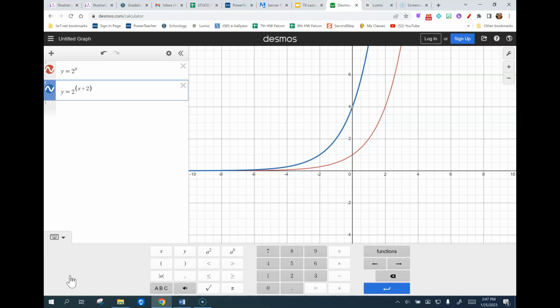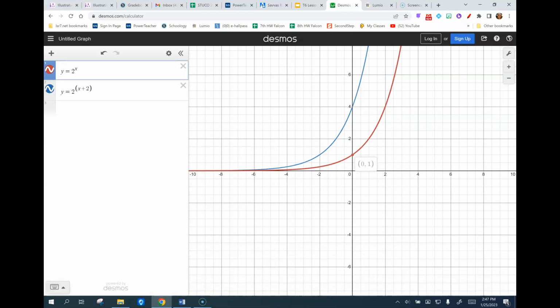Okay, so now look at what's happening. Did my asymptote change? No, it did not. But look right here. There's my intercept, right? Look what it did. It moved over. My intercept is (0, 1). Look at what's happening there. It shifted over. Where did it shift over to?